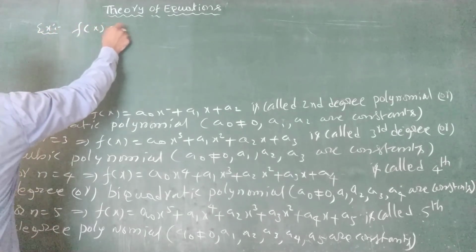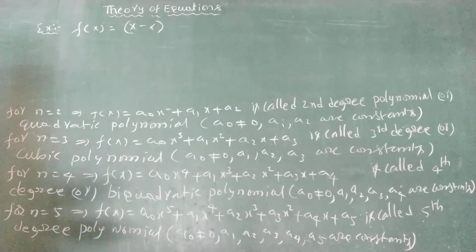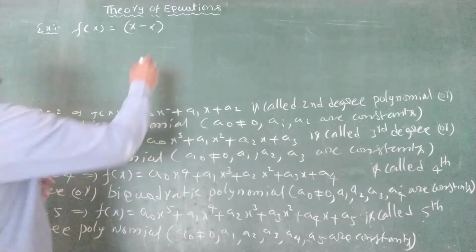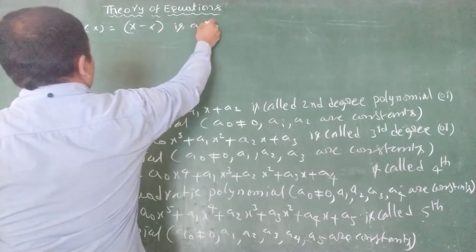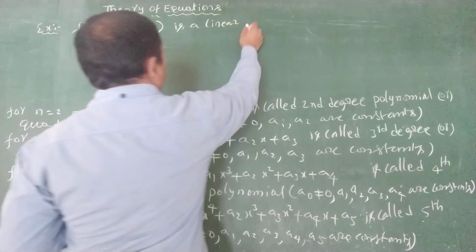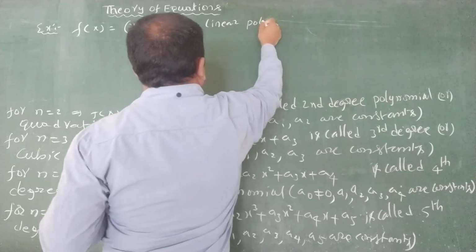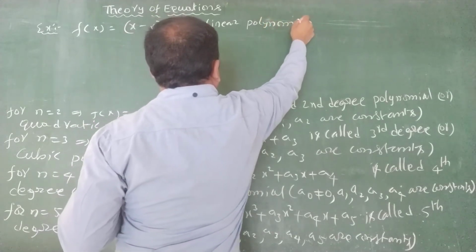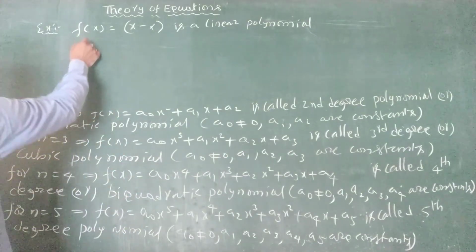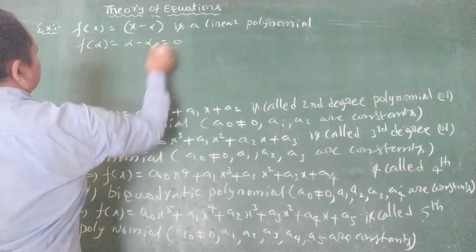f of x is equal to x minus alpha, which is a linear polynomial. For this, f of alpha is equal to alpha minus alpha, that is 0.